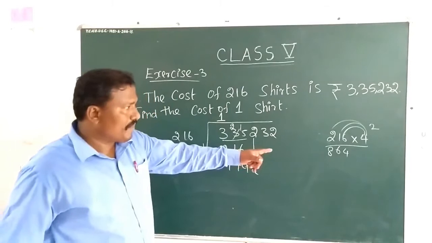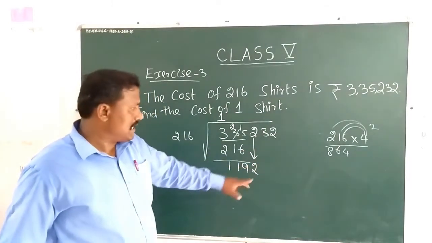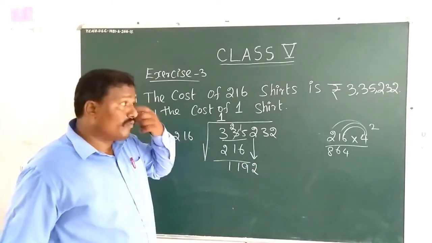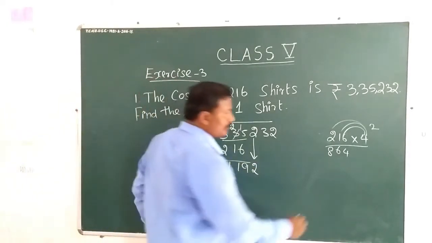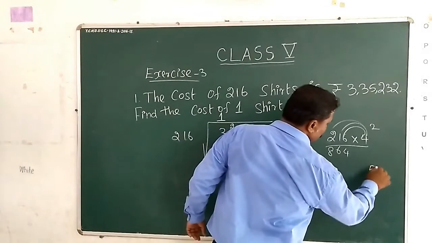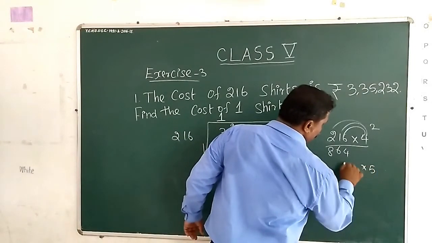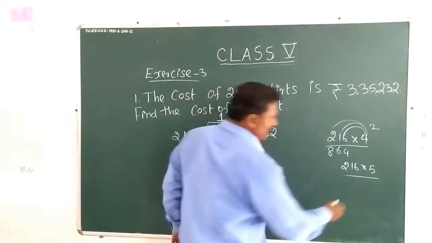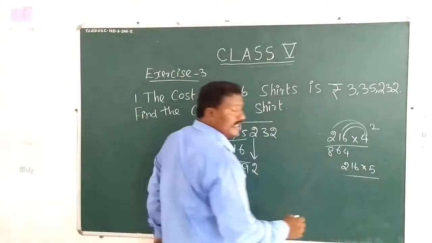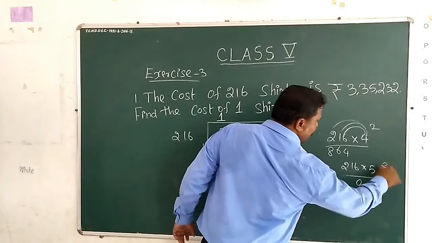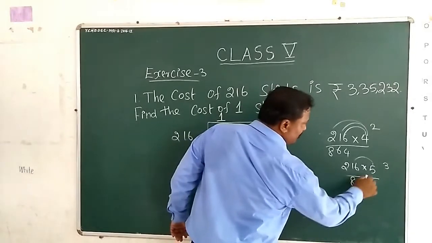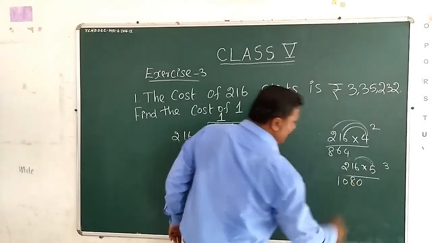If you see, I multiplied 4 times, but here it is 1000 and there 800 is there. So we will multiply 5 times. 5 6s are 30, remainder 3. 5 1s are 5, 5 plus 3 is 8. 5 2s are 10.